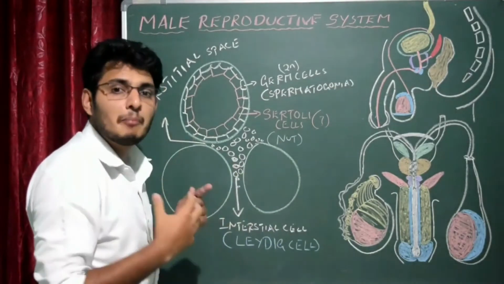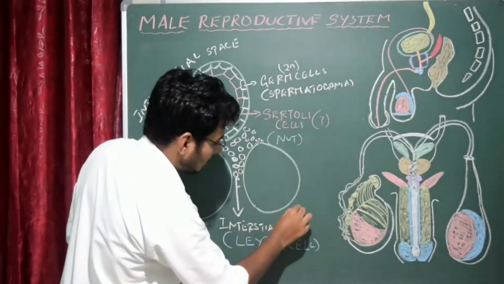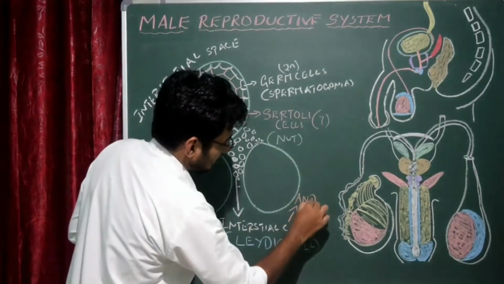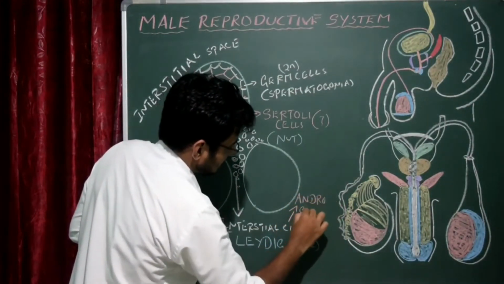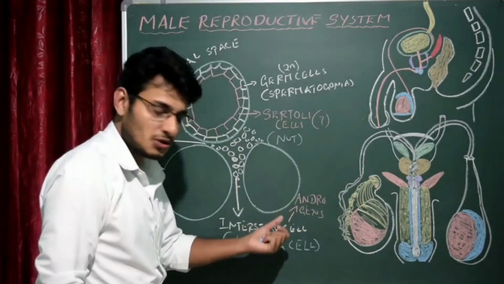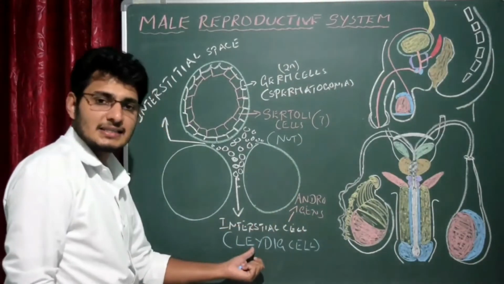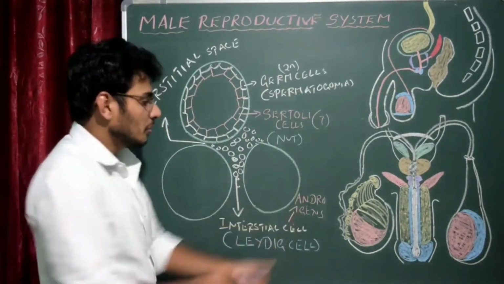And you all know the male hormone which is synthesized by the Leydig cell. What is the male hormone? Androgens. What is the other name of androgen? You know it, testosterone.